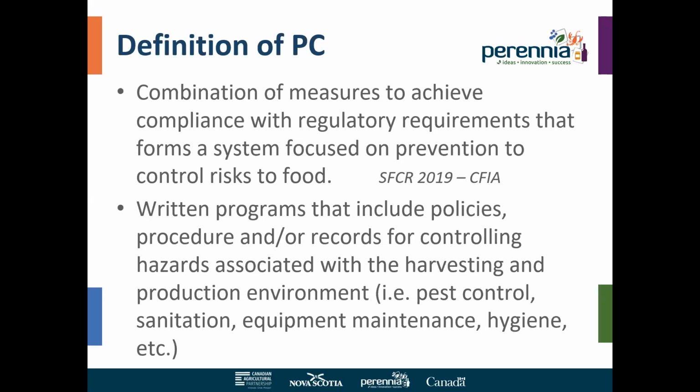So these preventive controls control everything from the start, the harvesting, straight through to all the processing steps, and look at your production environment, the sanitation, equipment, maintenance, and hygiene, right through until you ship that product out or you distribute that product.